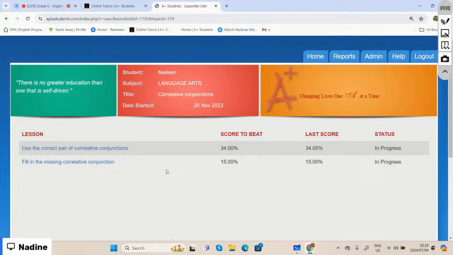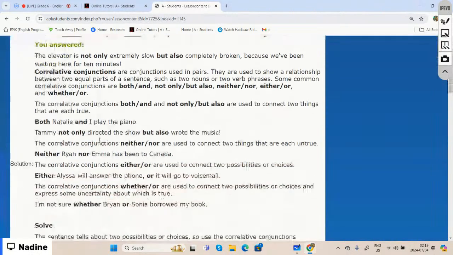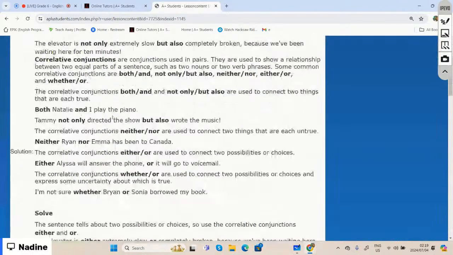We need to use the correct pair of correlative conjunctions. The correlative conjunctions have both and, not only but also, and these are used to connect two things that are each true.